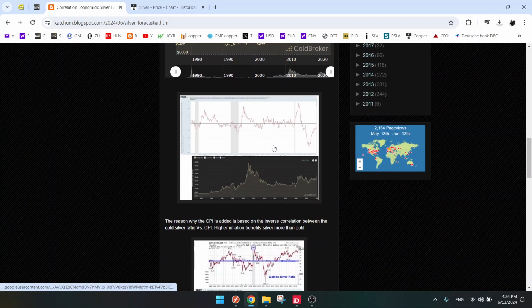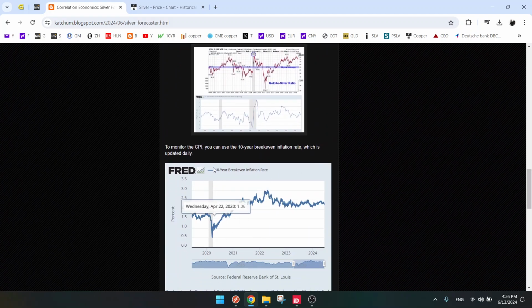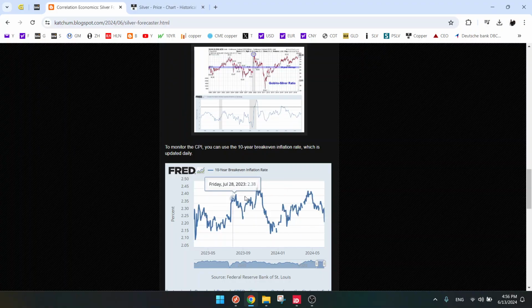Now, you can also just check yourself, what is the CPI doing? Just look at the break-even inflation rate. This is a daily update, so that's very good. Every day you get this update, and then you can see already it's going down. So inflation is dropping a bit.